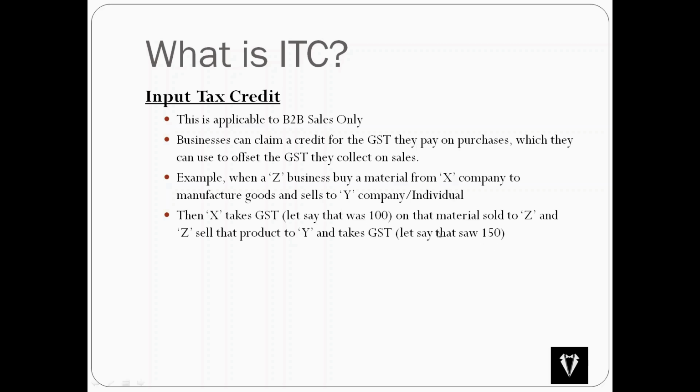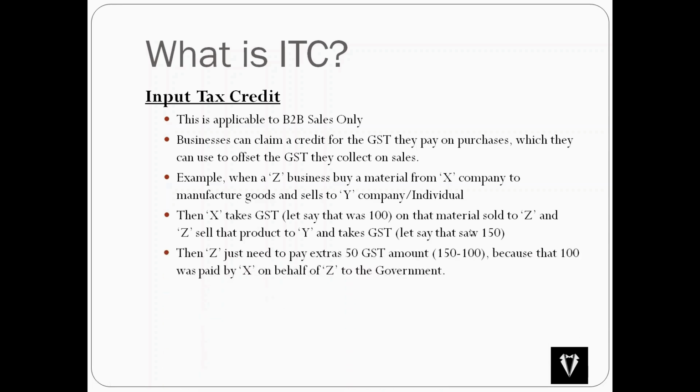Then you don't have to pay 150 to the government. You have to pay 100. You have to pay just 50 rupees of extra GST, that is 150 minus 100. That 100 is your input tax credit. So ITC is the tax that you have already paid while buying materials from a wholesaler or anything; a wholesaler is just an example.